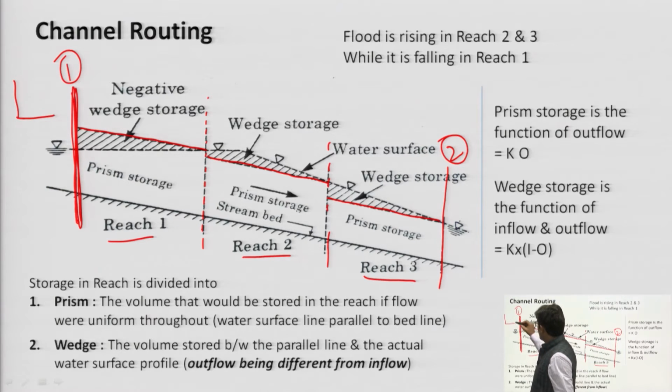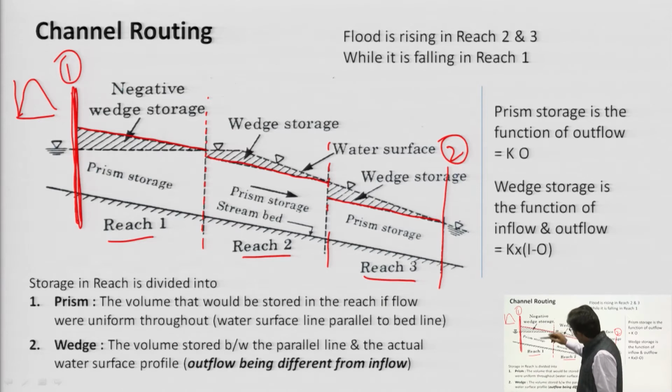When a flood is entering at section 1, like this, the water level for reach 1 is going to decrease. Why is it going to decrease? Because more quantity of water at this section is coming out.